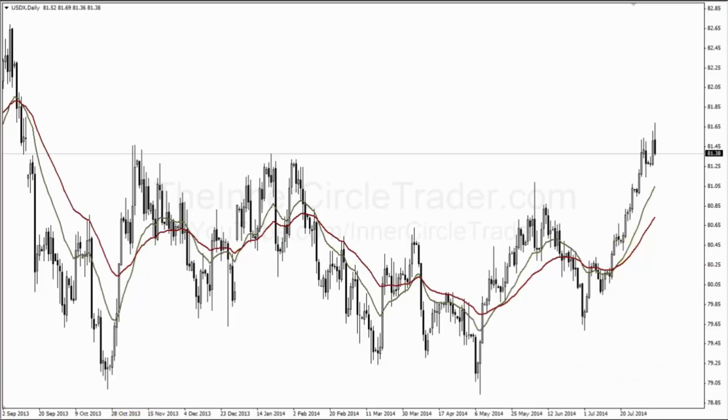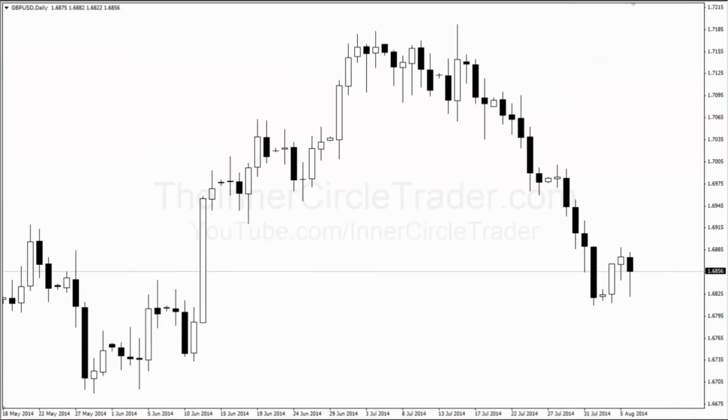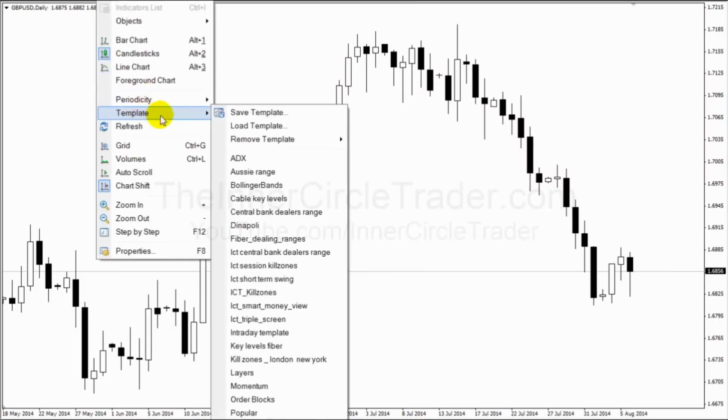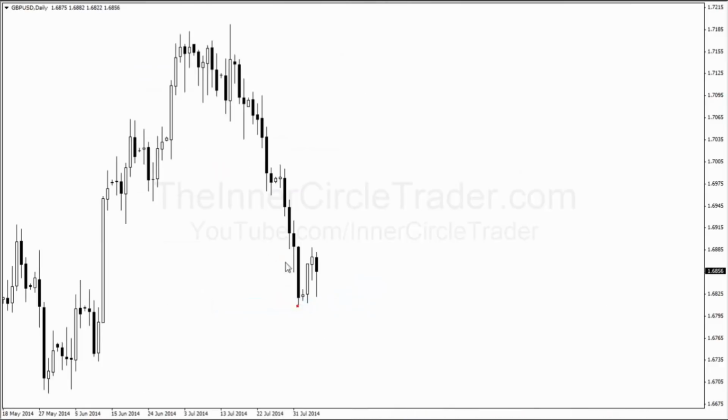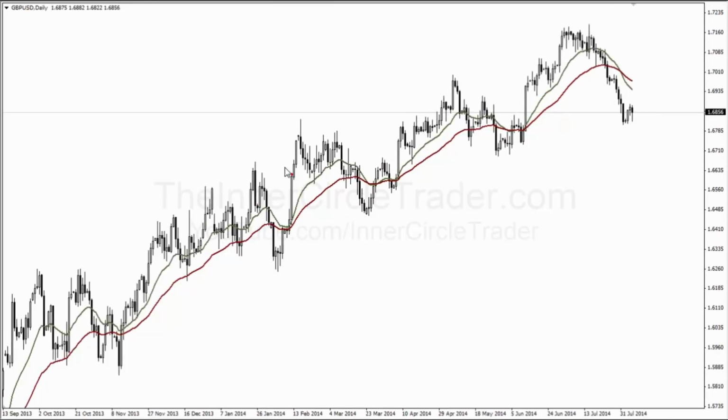Now we go over to the cable. Let's just go over here and use this one. And we're going to apply the same thing. Whoop, that's not what I wanted to do. Okay, so let's zoom in.